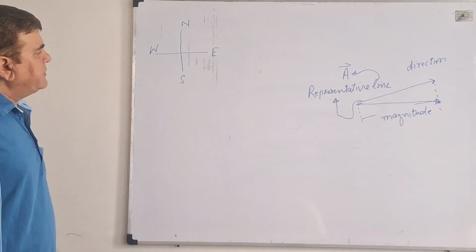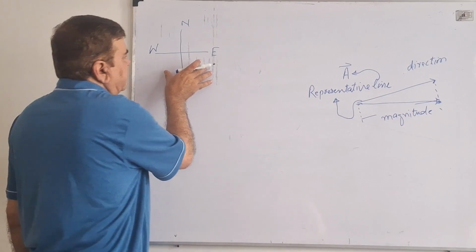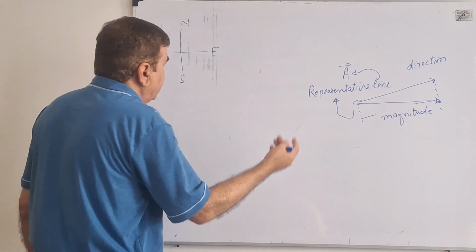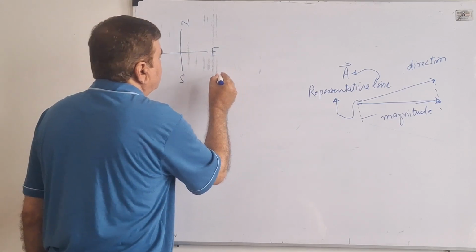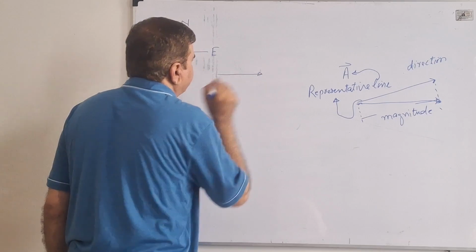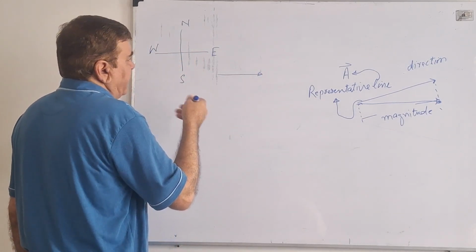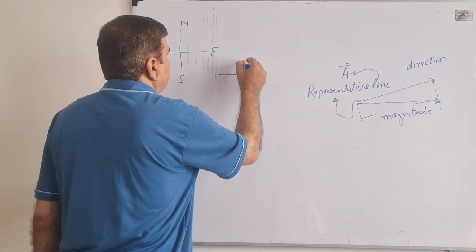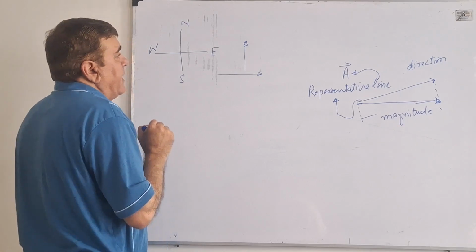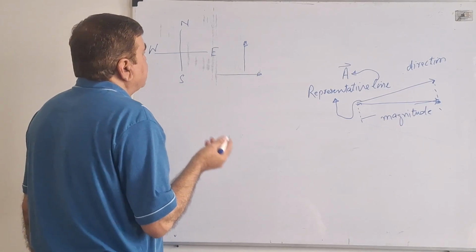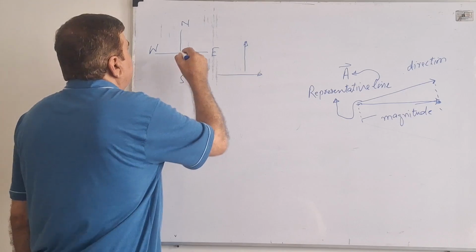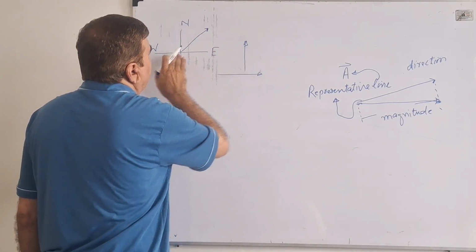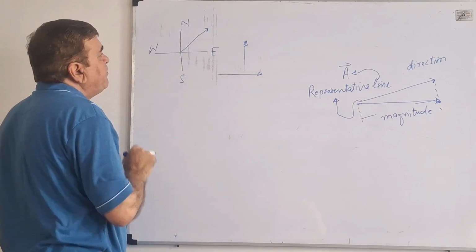Now, how do we use this? In statements, we say that a vector is pointing in the direction of east. When that's the case, it means we would draw a representative line in this direction. Similarly, when it is said a vector is pointing along north, we will draw a line parallel to north in the vertical direction. And when it is said that a vector is northeast, that means we are exactly at the mid of this point, so we'll draw a vector in this direction.